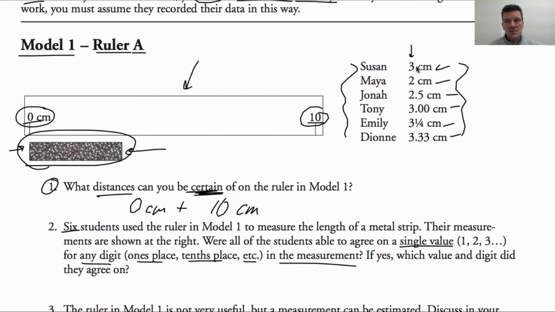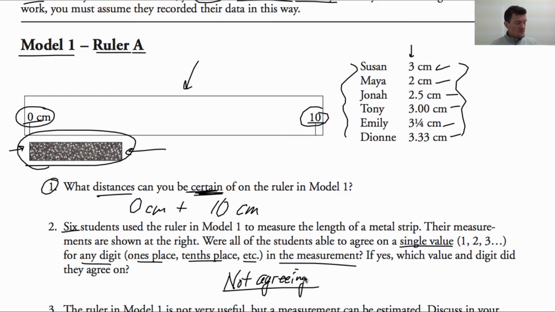In the tenths place, this one said nothing in the tenths place. This is 5 tenths, 0 and 0, 0 tenths, 0 hundredths. This is 1/4, that would be 0.25, 0.33. So they're not agreeing in the tenths or the hundredths place as well. They did not agree anywhere on these values.